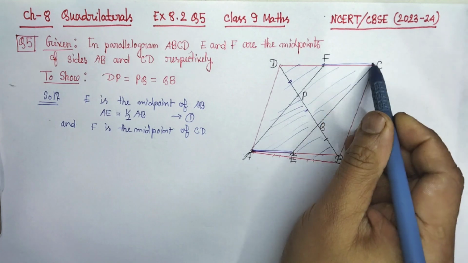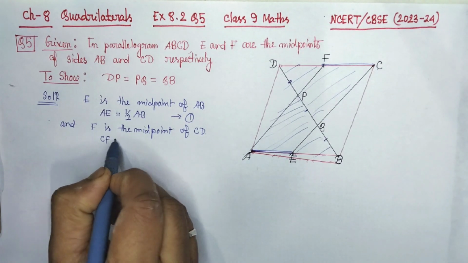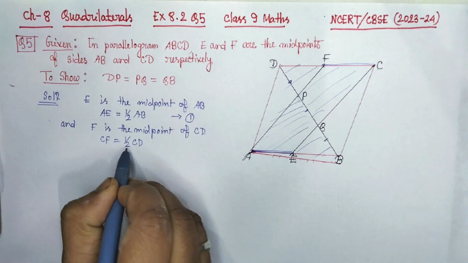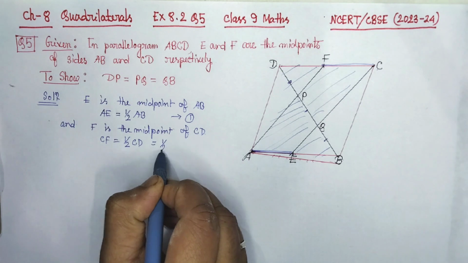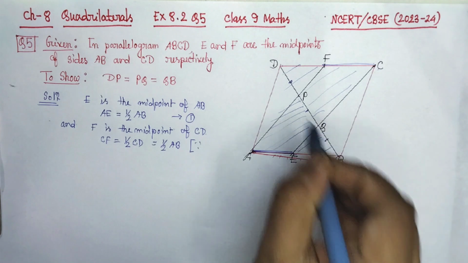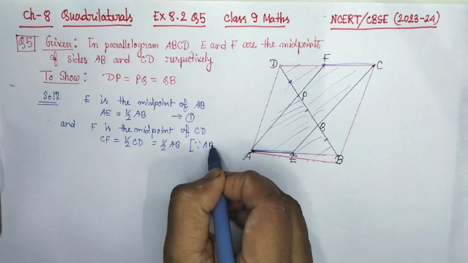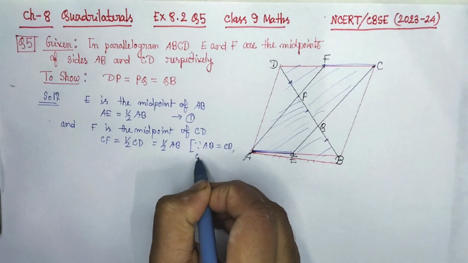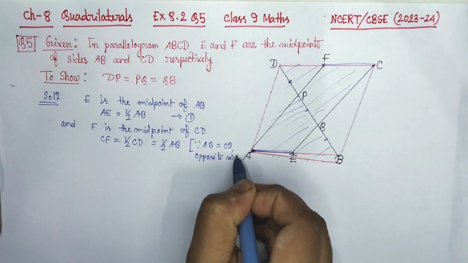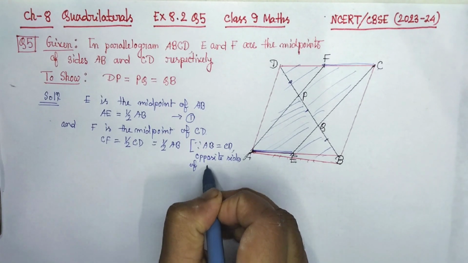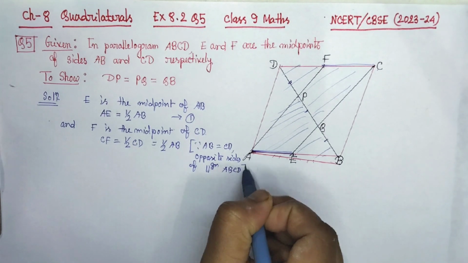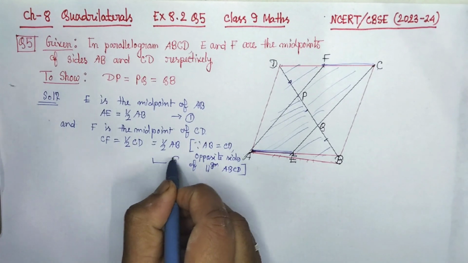So we get CF equal to half of CD. Again, half of CD, in place of CD we put AB, since AB equals CD, opposite sides of parallelogram ABCD. So this is equation number 2.